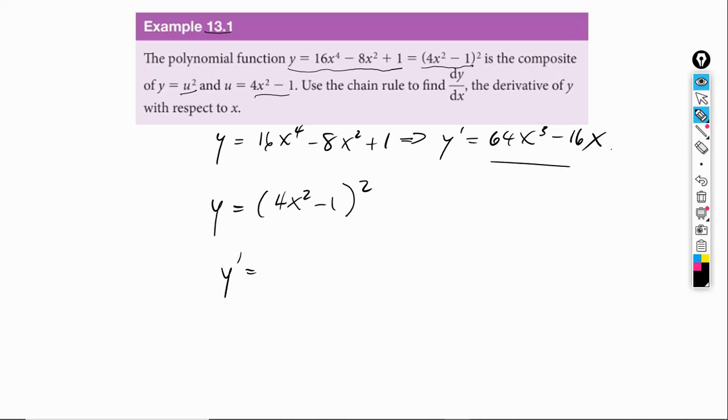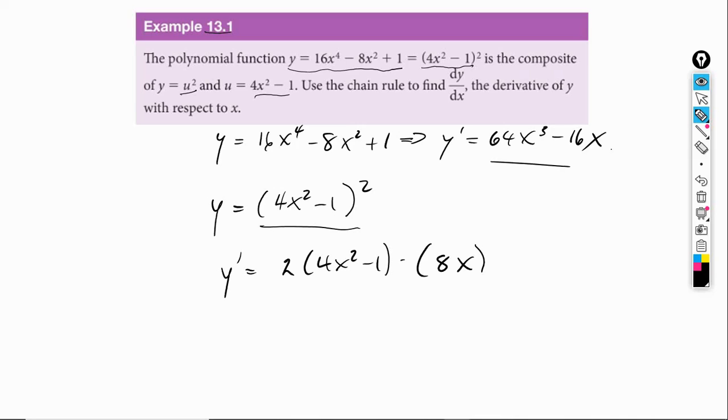The derivative of the outside would be equal to 2 times 4x squared minus 1 to the power 1, because 2 minus 1 is 1, times the derivative of the inside function. So that would be 8x.